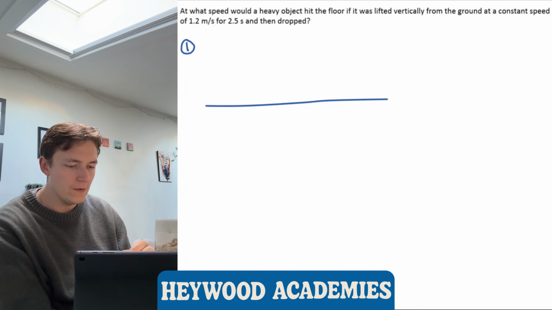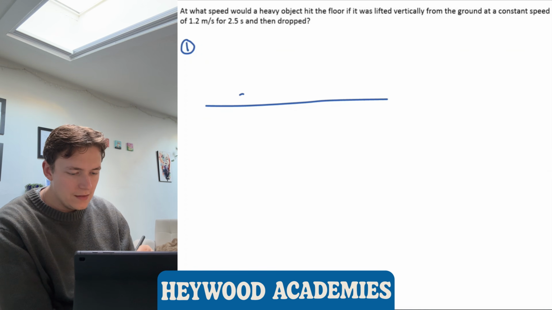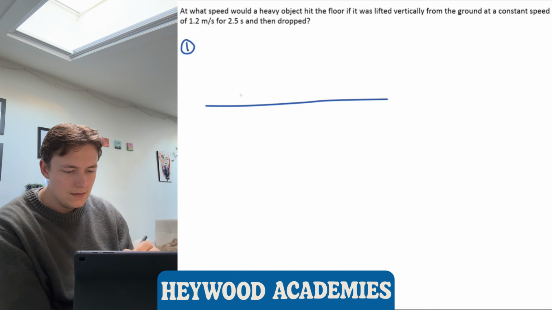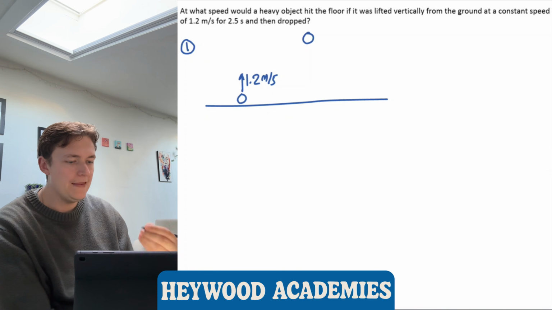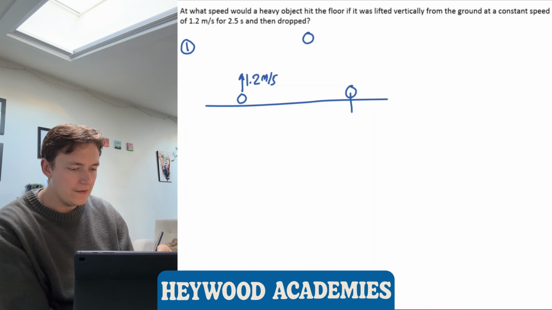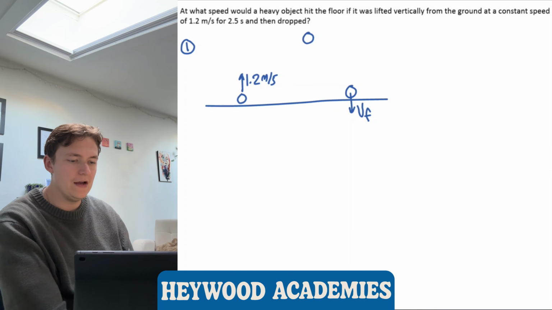So draw our floor over here. We're starting down here. We're moving at 1.2 meters per second for 2.5 seconds, and then that's going to get us up here somewhere. And then from there, we're going to be dropped until it goes back down here, and we're going to find some final speed before it hits the ground.